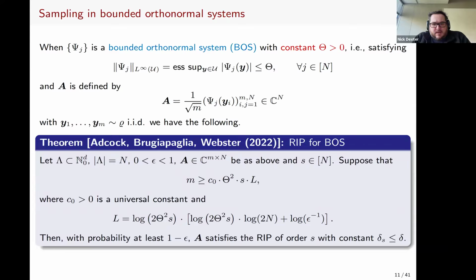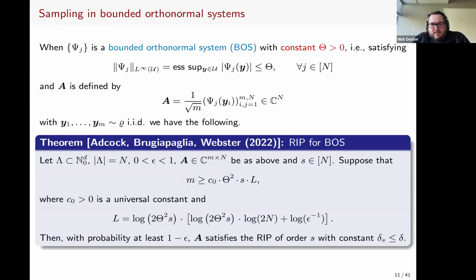So this is the RIP for bounded orthonormal systems. You can find this in Ben, Simone, and Clayton's book from 2022. It says let lambda be a subset of N_0^d and have cardinality N, and epsilon between 0 and 1.